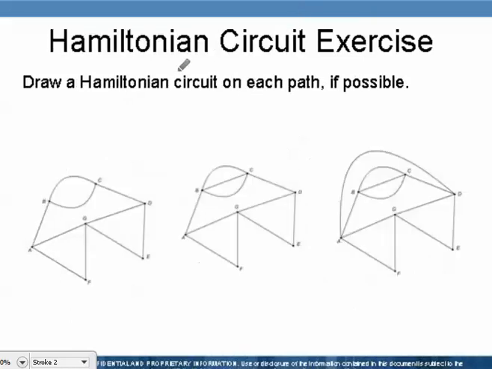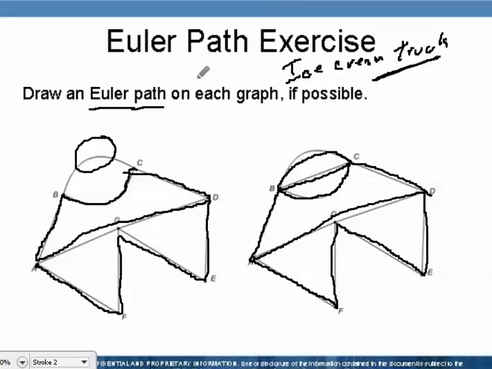Okay? A Hamiltonian circuit, however, is one where you want to go through every point just once. Why? Well, it doesn't matter if you're going down every path. It matters if you're going to every point. If you had a salesman, making certain that that salesman hit every point. If you'll notice what I did over here in the Euler paths, I went through this point twice.